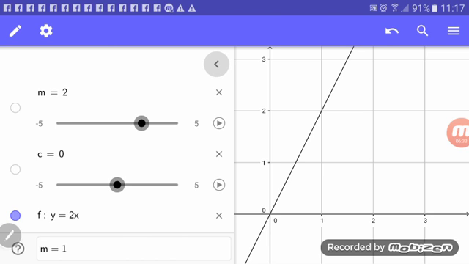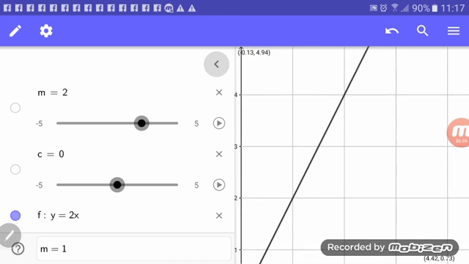So if we go back to our 0, remember 2 is the same as 2 divided by 1. So we go up 2 and across 1. It's rise over run. So we go up 2 from 0 and we go across 1. And can you see that our graph crosses through this point?